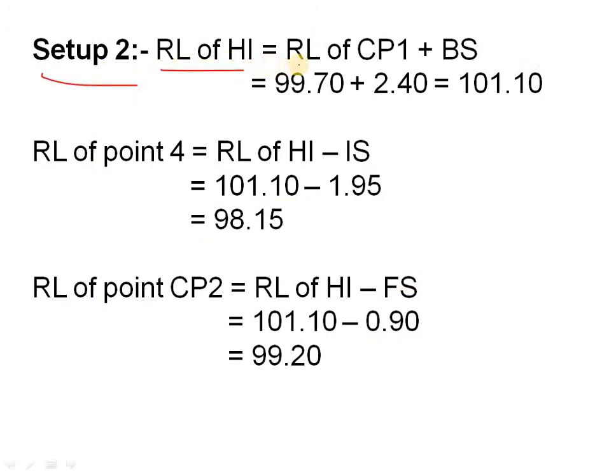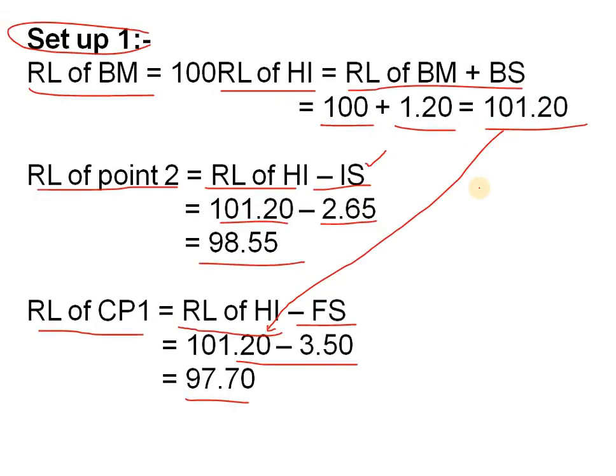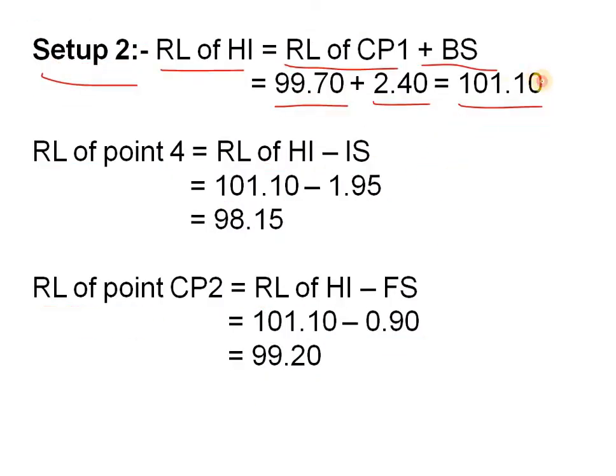So RL of HI 3 is equal to RL of change point 1 plus BS, that is 97.70 plus 2.40, and you will get 101.10. So write it here, 101.10. Clear? This is the answer of setup 2.